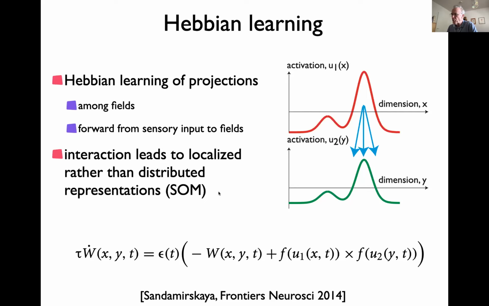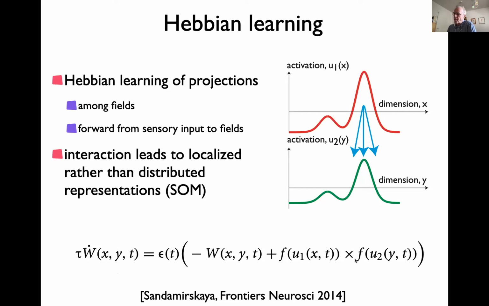So you have a time scale tau on which connectivities between fields over dimensions x and y evolve. This tau would be much slower, and it would typically be modulated by something. We'll get examples that I think Jan will be talking about, where the learning rates are modulated, for instance, so that only when reward happens do you actually learn.